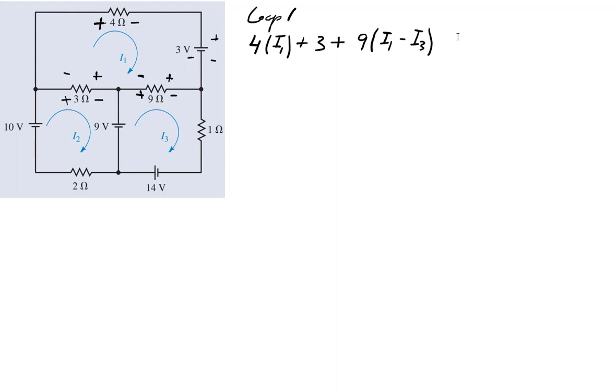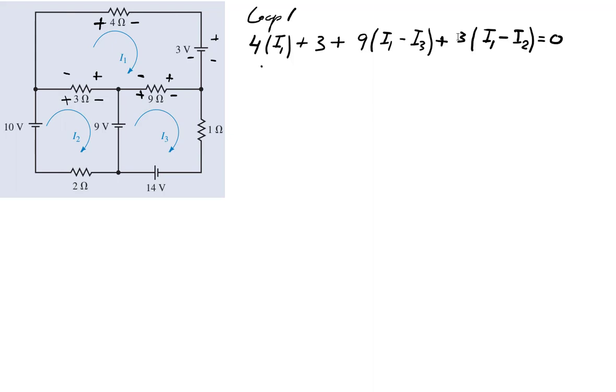That is this resistance multiplied by the two currents, this voltage drop and this voltage rise, or as you look at it, plus 3 multiplied by I1 minus I2, all that equal 0. So this is from loop 1, equation 1.